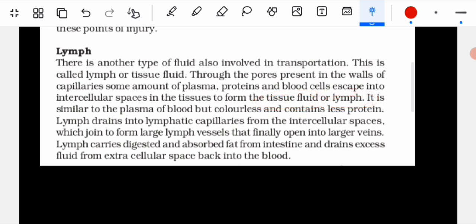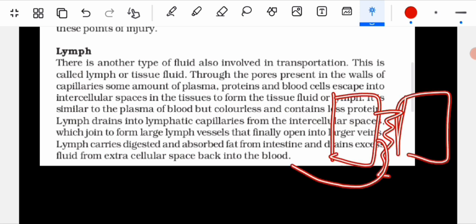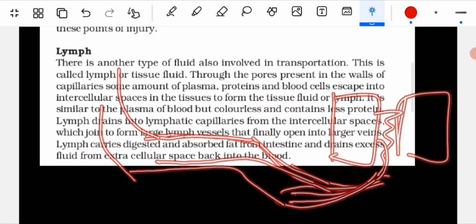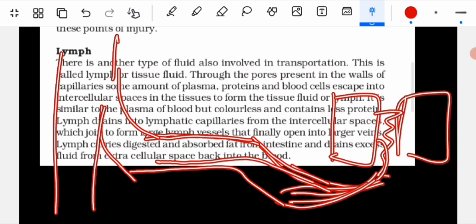How does the lymph look? It is the same as the plasma of the blood, but it is colorless and has fewer proteins compared to the blood. This fluid, the lymph, is between the cells, and it comes into the lymphatic capillaries, which are small capillaries, from the intracellular space, and they join larger lymph vessels, and these larger lymph vessels again join a larger vein.